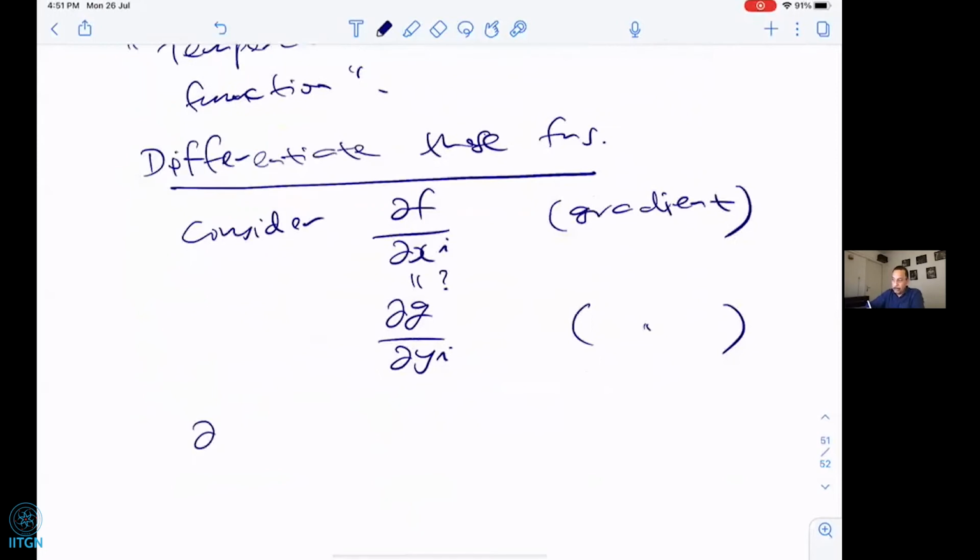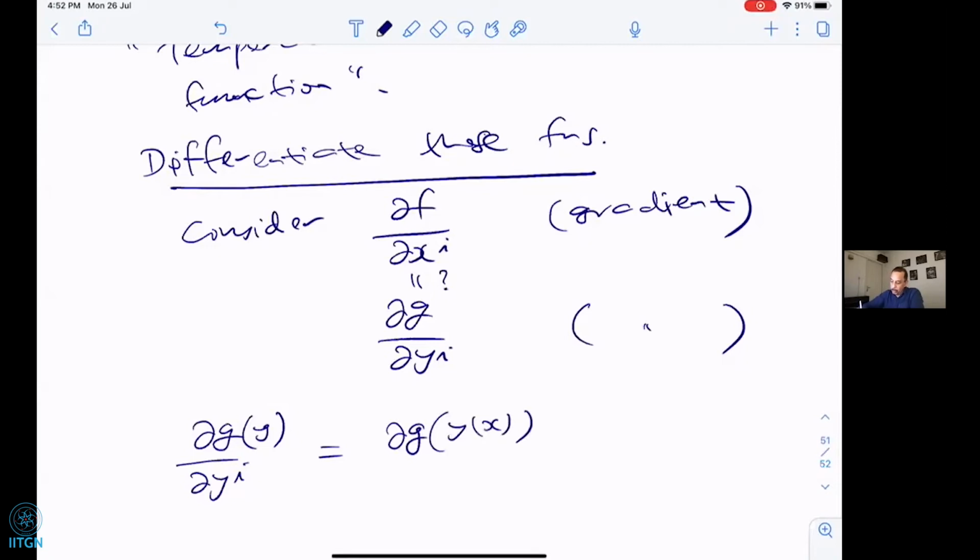If I take del g by del y_i, that's differentiating a function of y with respect to y, but y itself is a function of x. Okay, that's the relation between the two coordinate charts.